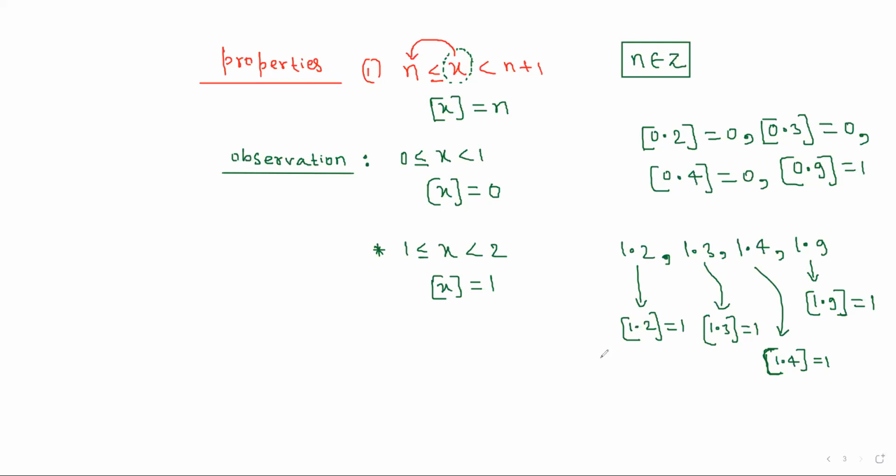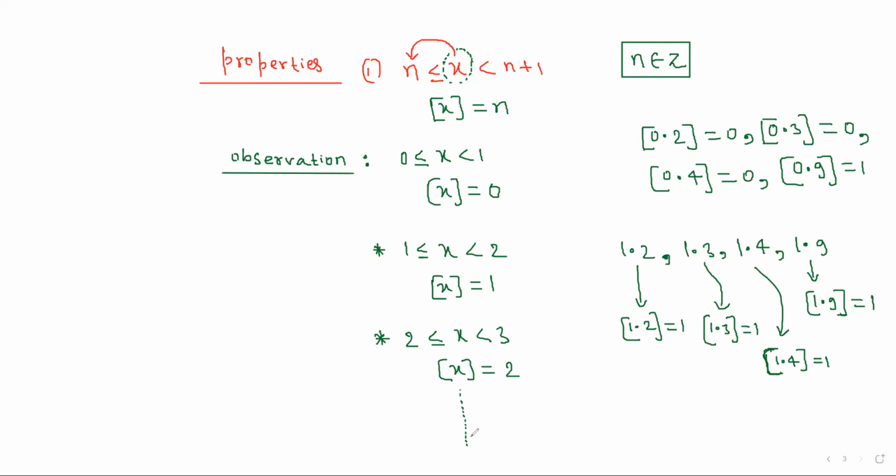Now let's say x lies between 2 and 3. So the greatest integer function of x is simply 2. Got it? This sequence will continue.